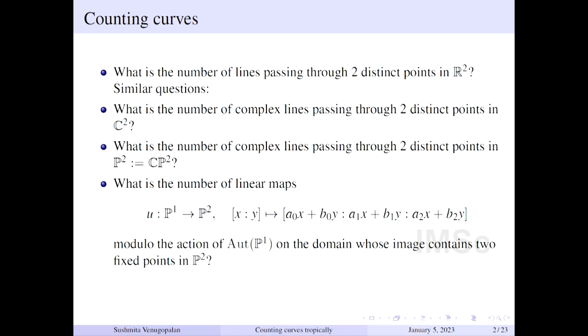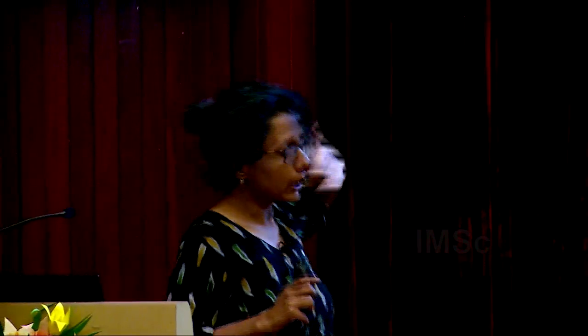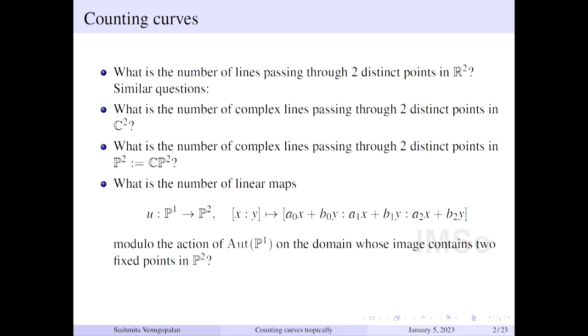So the title of my talk is Counting Curves Tropically. My first job is to tell you what I mean by counting curves. Typically when I'm talking about counting curves, I'm talking about counting parametrized curves. In the case of projective space, lines should actually be thought of as spheres, like compactified lines.